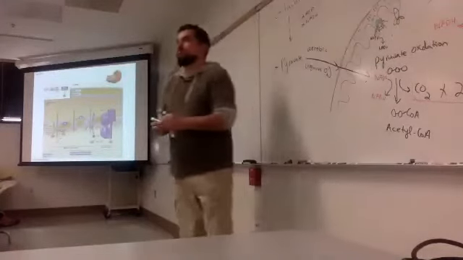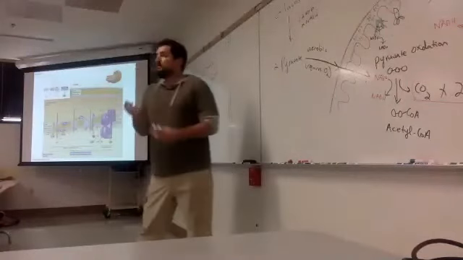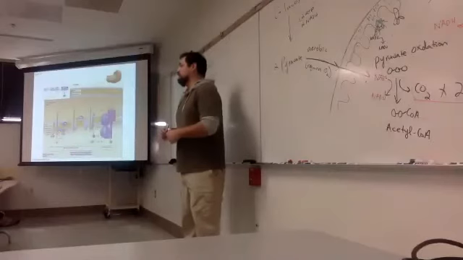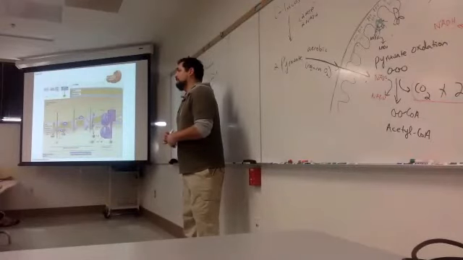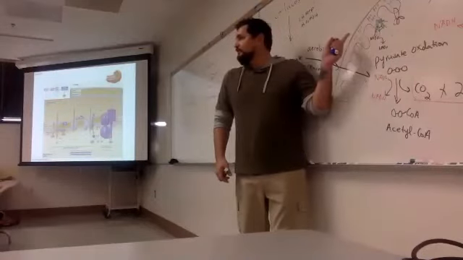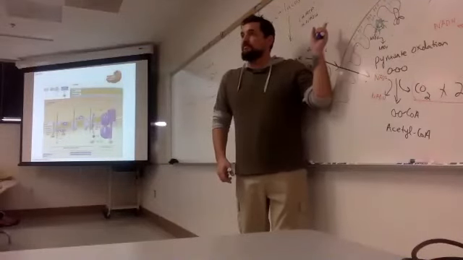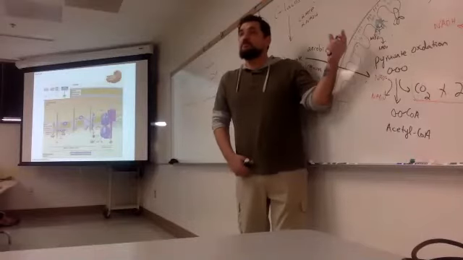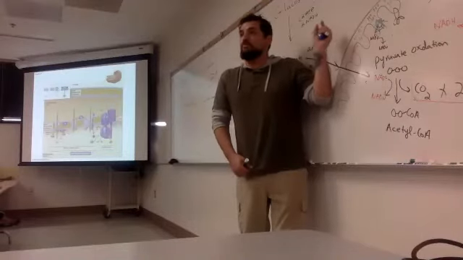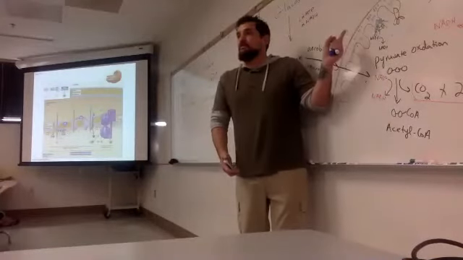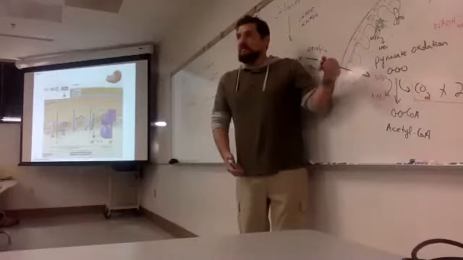Okay. So now you've generated a gradient, just like we talked about before, a concentration gradient. Now you have much more protons inside of here than you do on the outside. They're all concentrated into that inner membrane space. So by diffusion, they want to go out, but they can't because they're charged. So they can't get out, so they're all there.